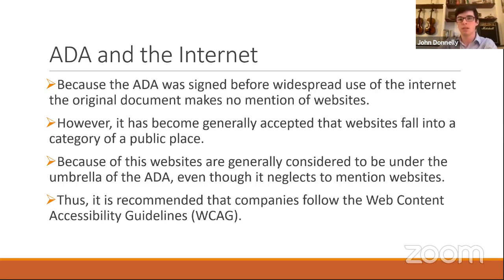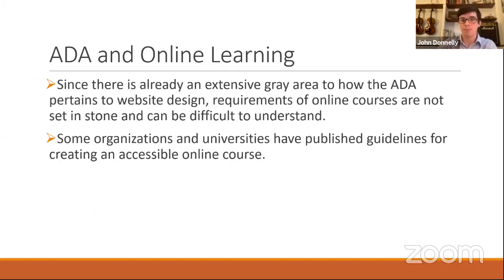And that's just something that's been sort of echoed in our court system over the last couple of years. Thus, it's recommended that companies, schools, things like that, follow the web content accessibility guidelines. Because there's no real guideline set, that's become the really accepted one.